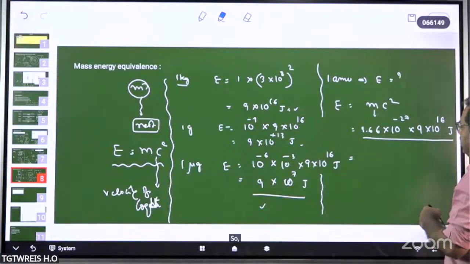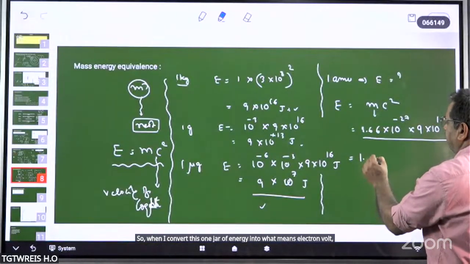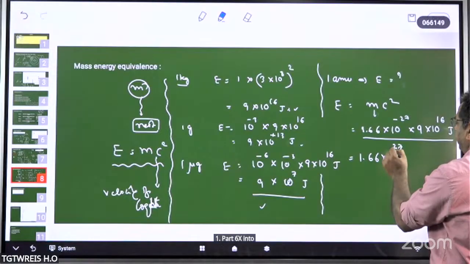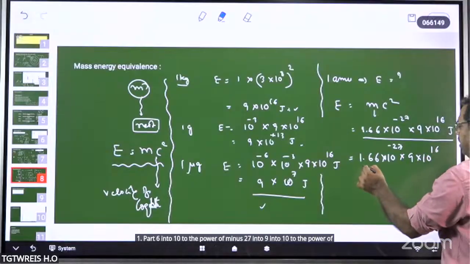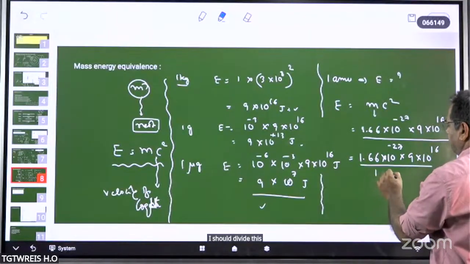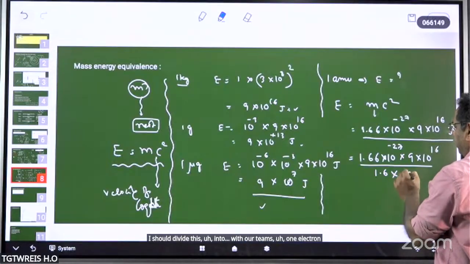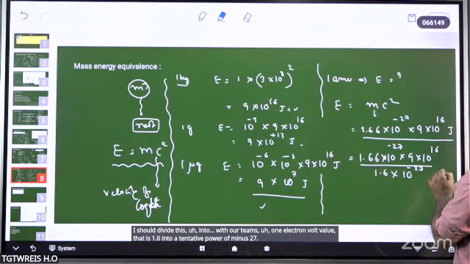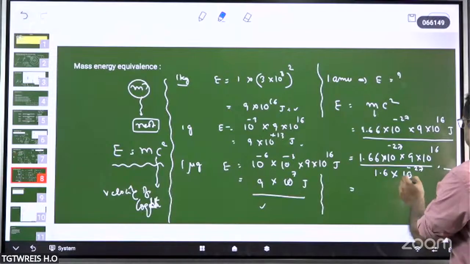So when I convert this energy into electron volt, what should I write? 1.66 into 10 to the power of minus 27 into 9 into 10 to the power of 16, divided by the value of 1 electron volt, that is 1.6 into 10 to the power of minus 19.